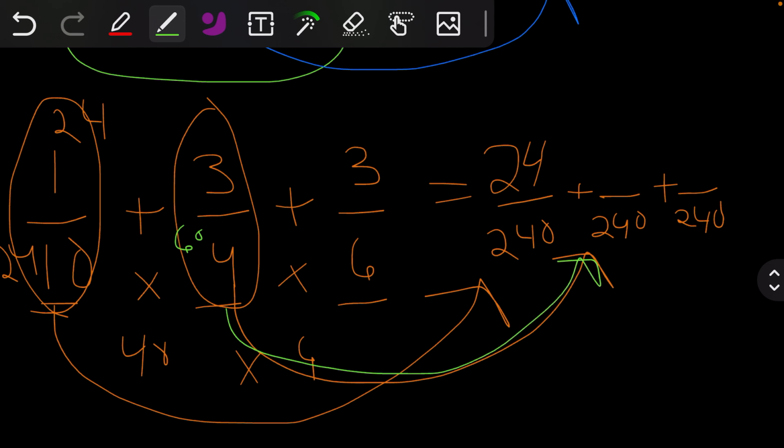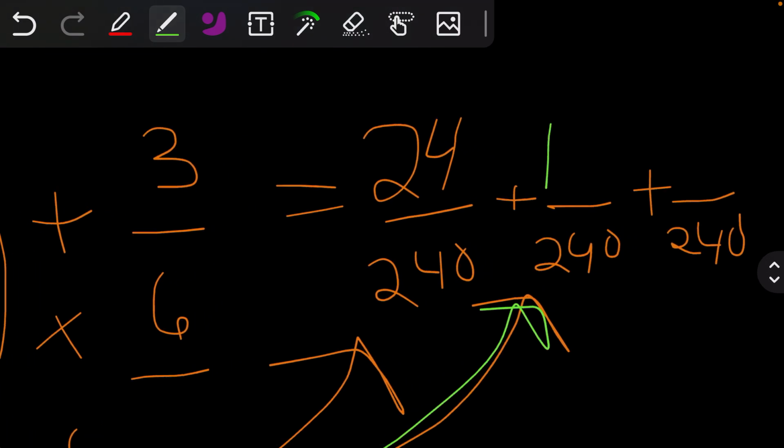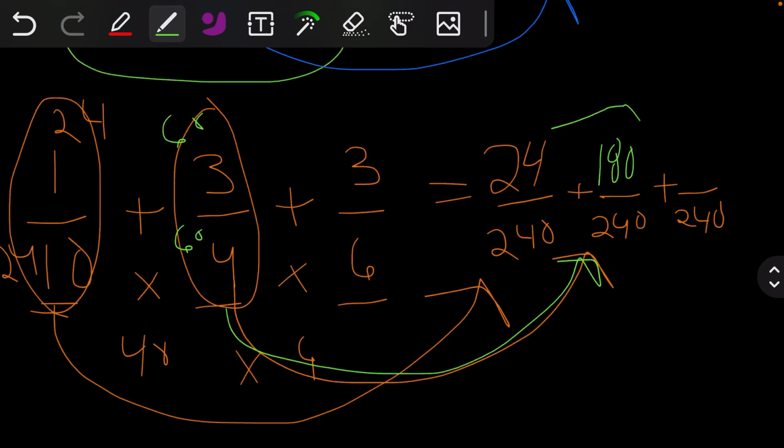So we have to scale up this numerator to make sure the fraction stays balanced. We have to do the same thing to the numerator. 60 times 3, that'll be 180. So we'll put that for our new numerator over here.